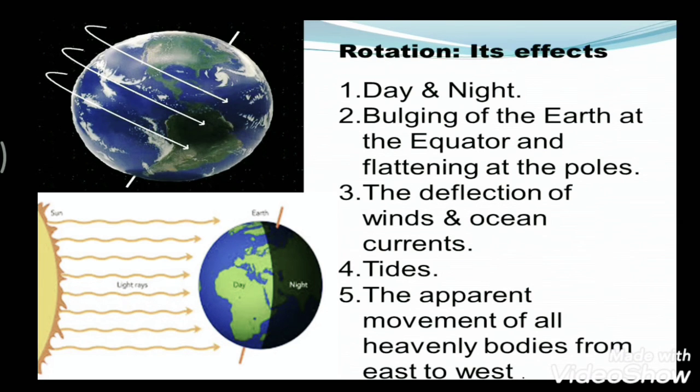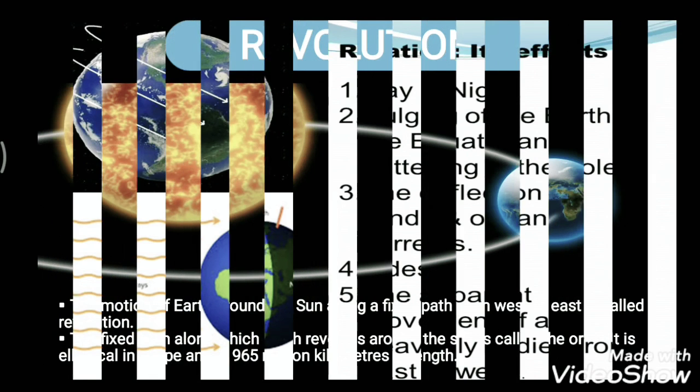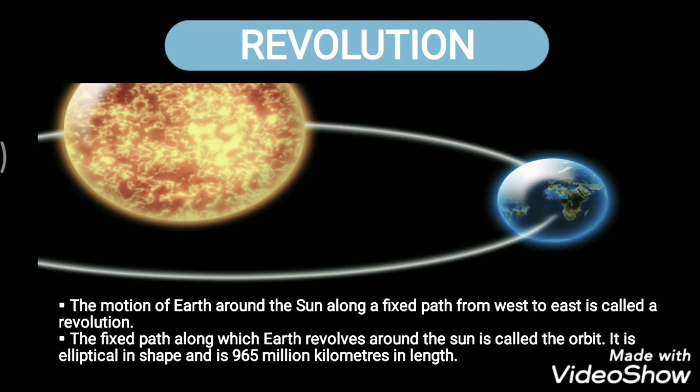Alright, now next we have the revolution. Now earth not only rotates on its axis, it also revolves around the sun at the same time. So, this motion of Earth around the sun along a fixed path from west to east is called a revolution.